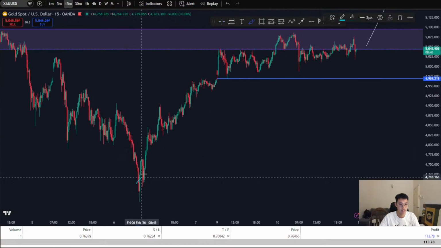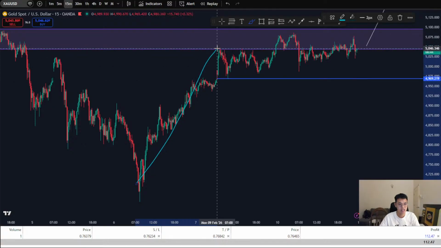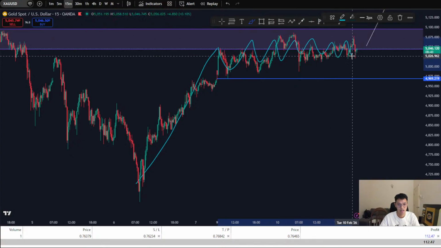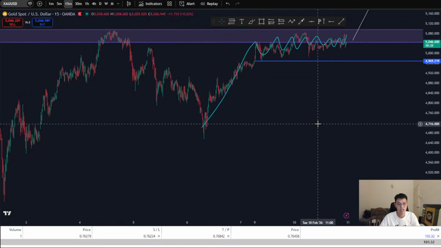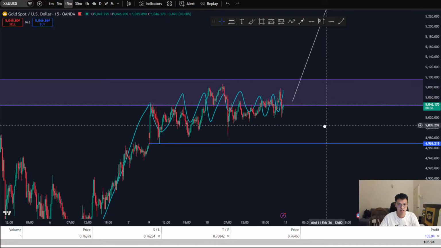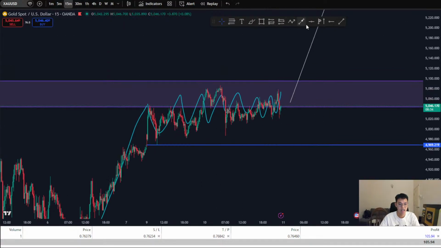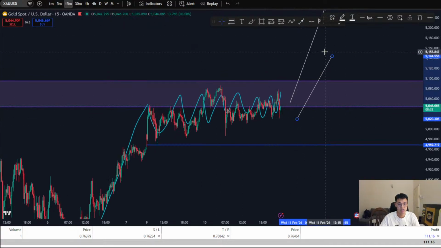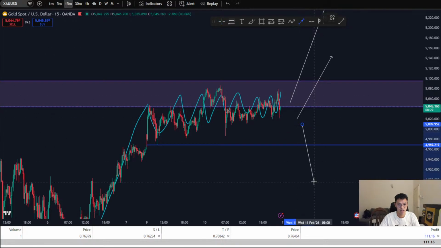For the third one, after the price goes up here, it forms a consolidation. What is the purpose of the consolidation? Either to pump the market or dump the market.